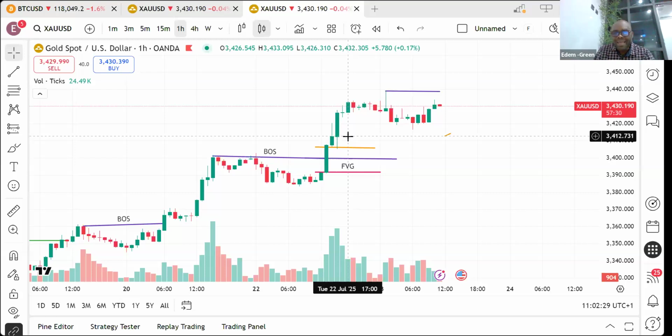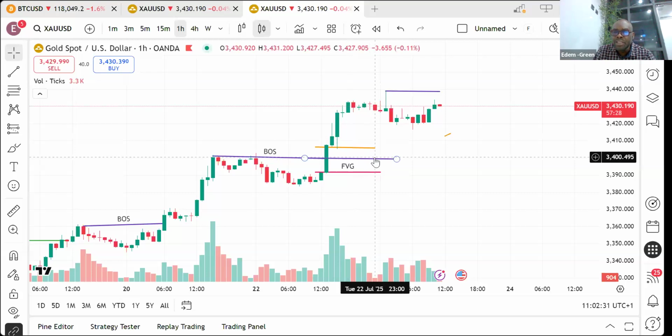Two is that if the market comes in and disrespects the 50% of the fair value gap, like I drew here, half of this gap is 50%.